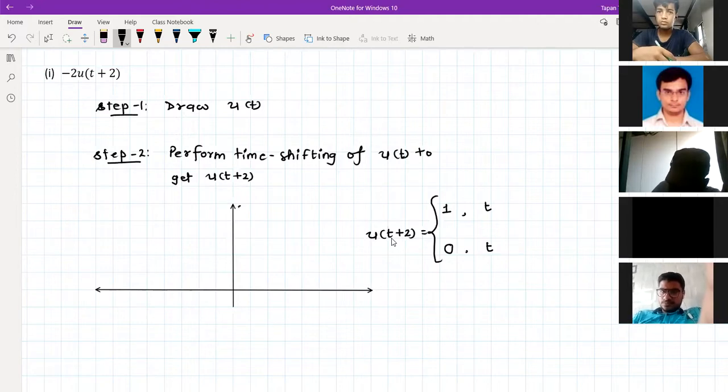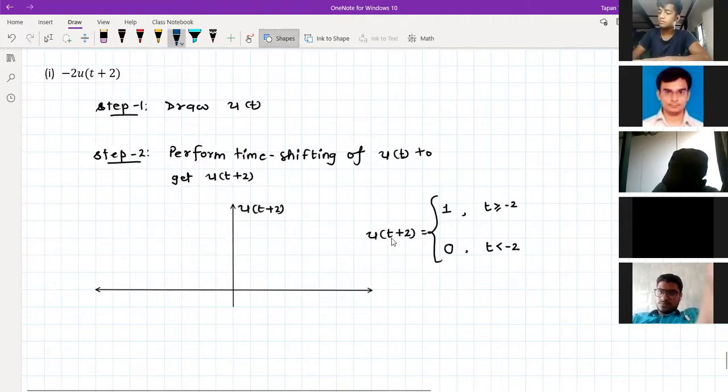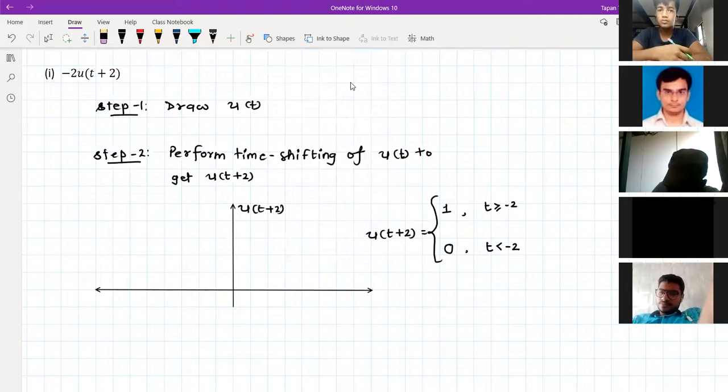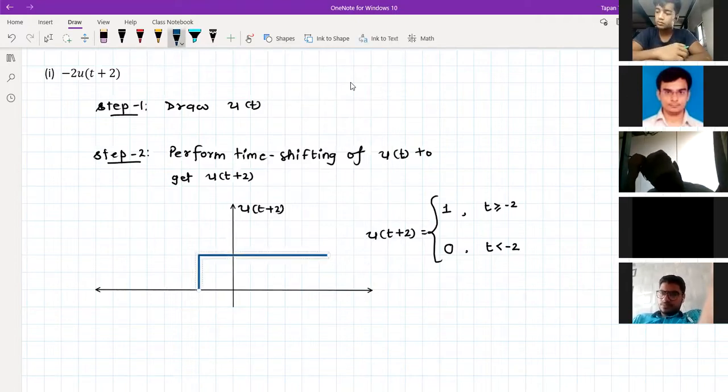So you are supposed to draw u of t plus 2. So 1 when t is greater than or equal to minus 2. And when t is less than minus 2, it will be 0. So it means it will look like this.